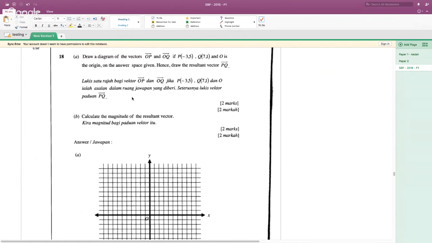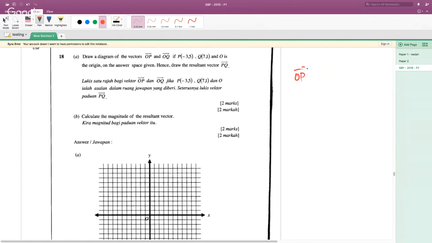So P is (-3, 5). If this is the center, -3 means I go 3 units to my left, and 5 means I go 5 units up. This is my P.